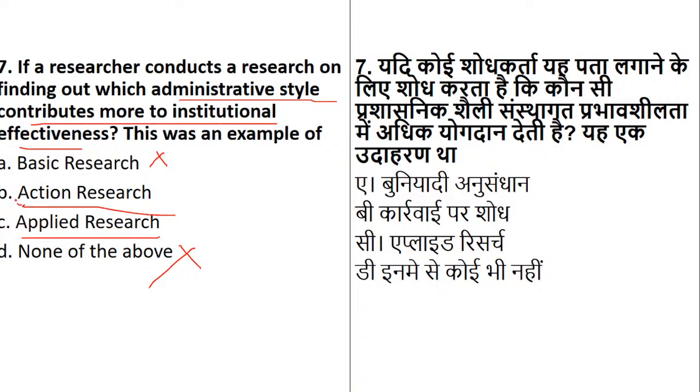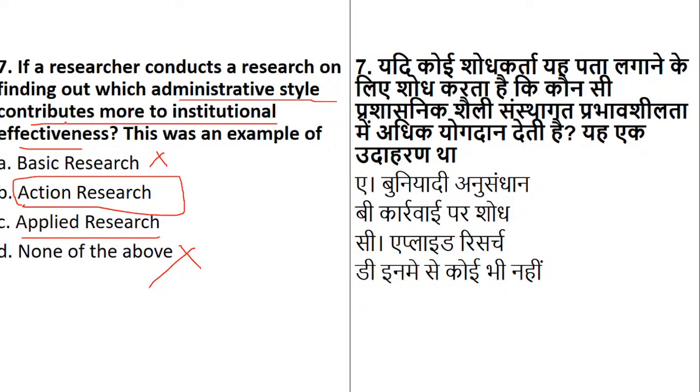Those who said option C, action research: action research is something which is an immediate response, and action is taken. Now you tell me, from the given example, where did you find that action is taken? If you read the question properly, which administrative style applies to institutional effectiveness?